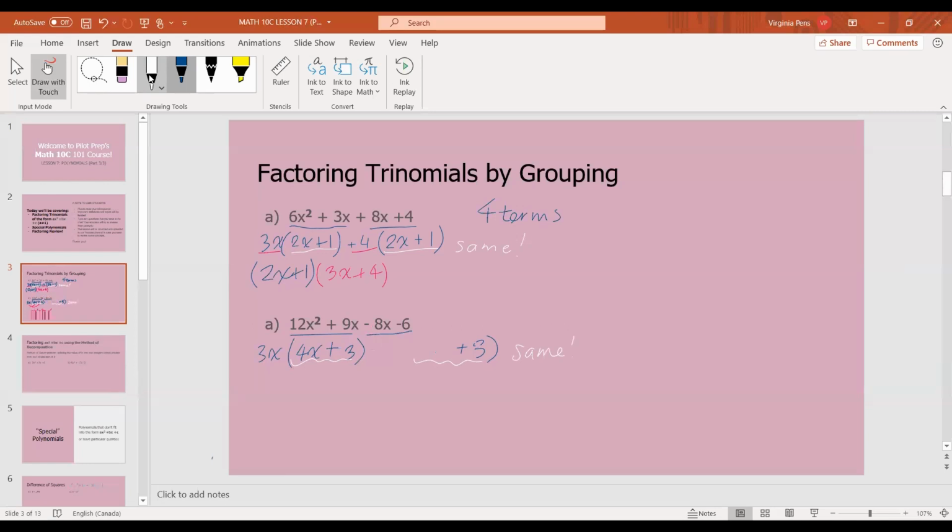In any trinomial that is factorable, your teacher will make sure that it can be factored. So the stuff left inside will always be the same. Always will. Let me write this down.